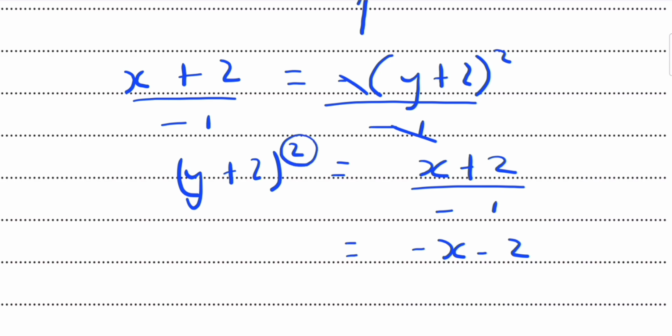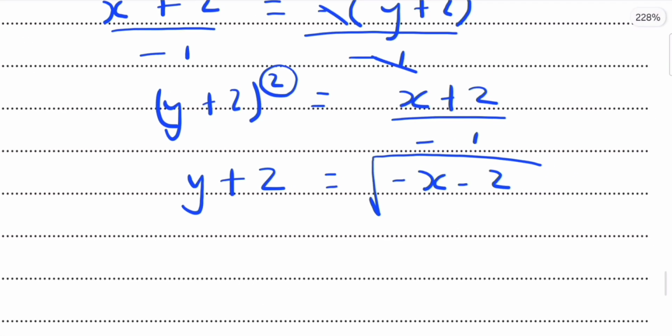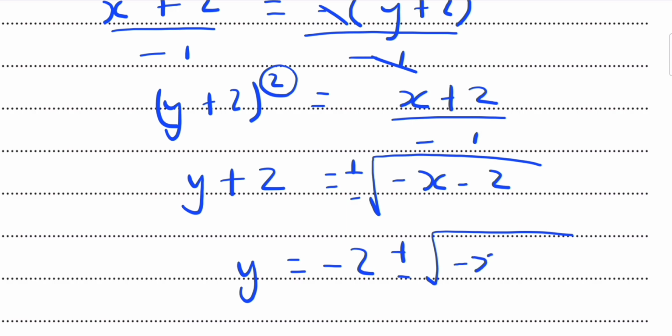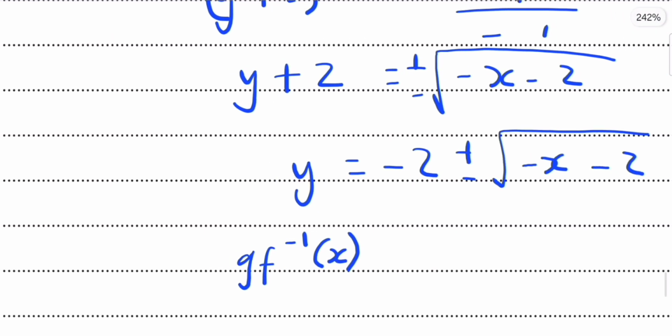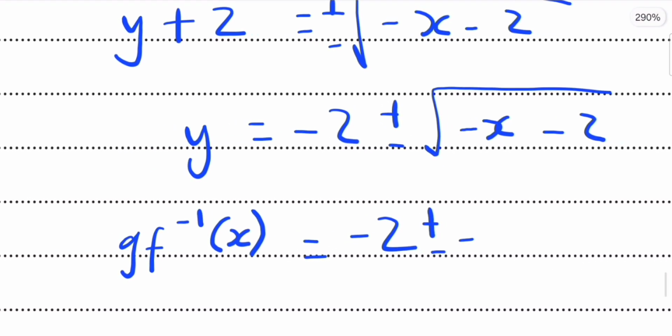And for us to get rid of this, we're going to square root both sides, and doing that we get this equal to y plus 2, and taking that 2 to the other side, y equals minus 2 plus or minus root of minus x minus 2, like this. So we write gf inverse, like this, is equal to minus 2 plus or minus root of minus x minus 2.